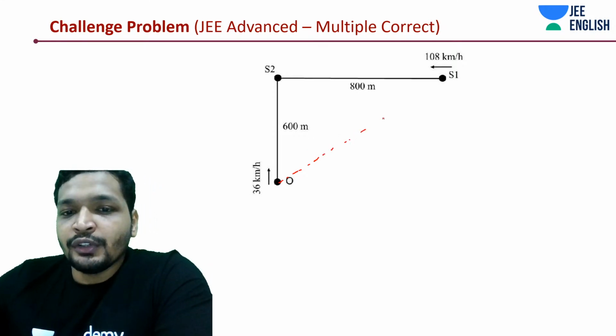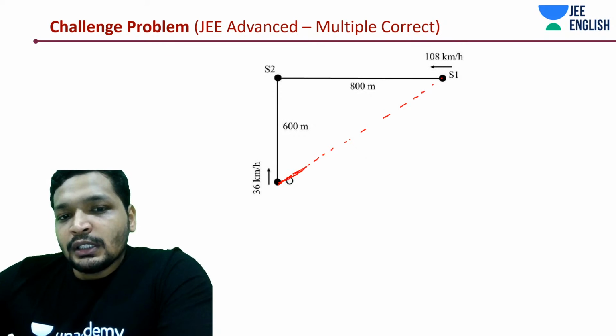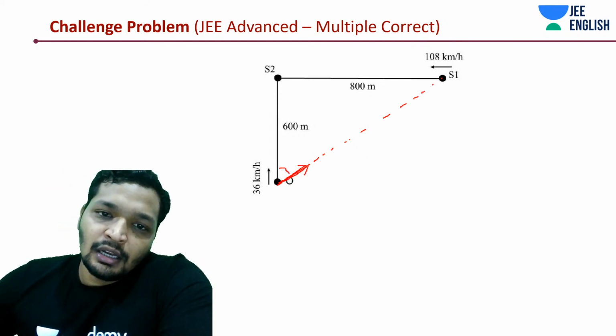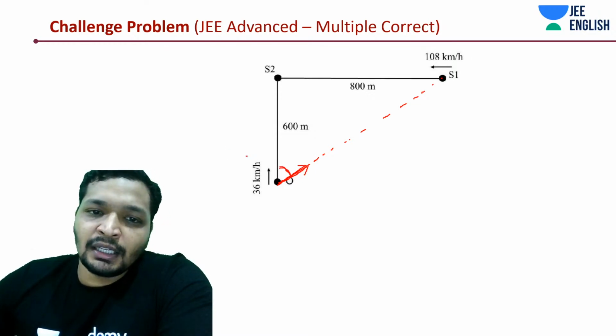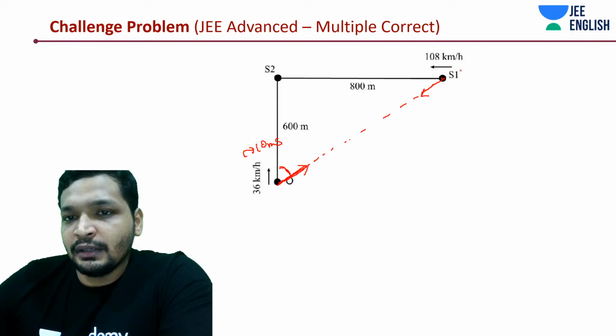Good, Rohit, really good, Rohit. This is towards this guy. How much do we need to analyze? This is 10 meters per second, and how much is this? This is 30 meters per second, in this way.